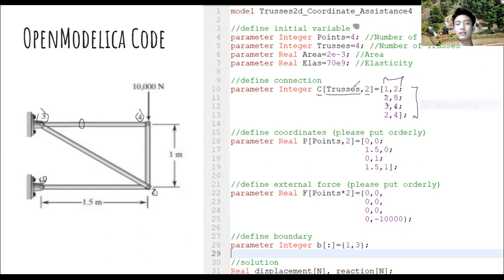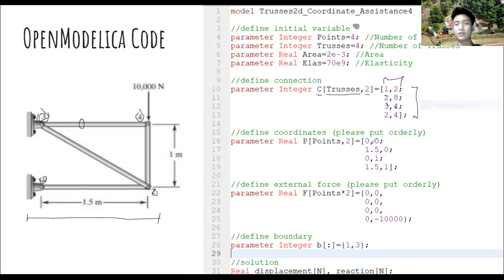Here we put them in order, similar to the integer connection. At truss 1, which is node 1 to 2, the node 1 position is 0, 0 and node 2 is 1.5, 0. I mean this coordinate is according to the distance from the x axis, and 0 is considered to be on the left.